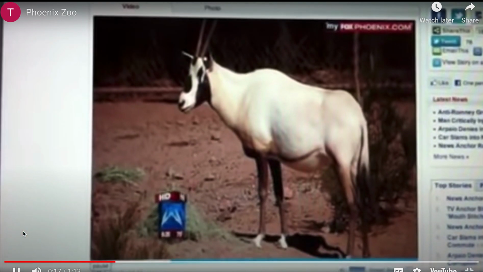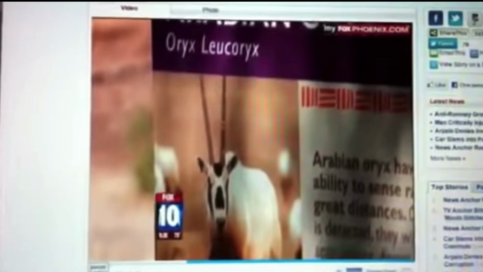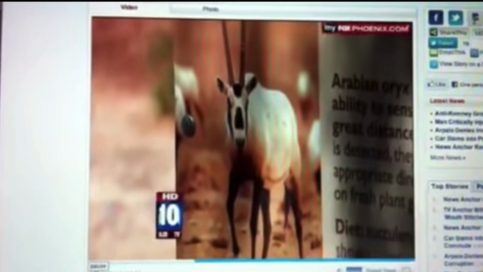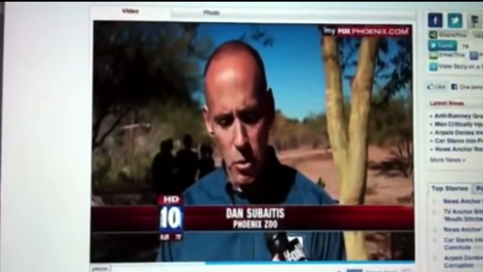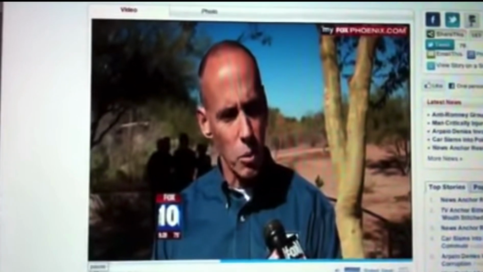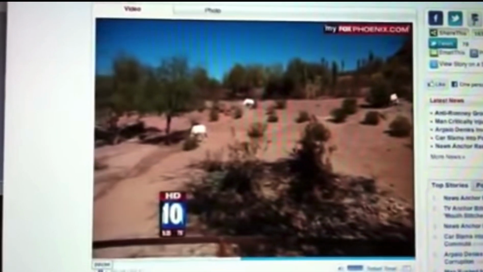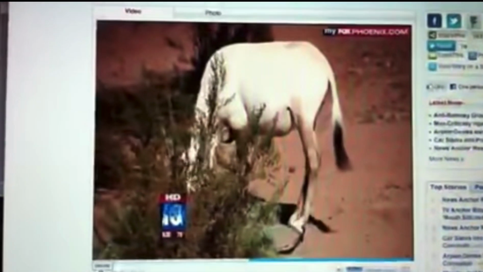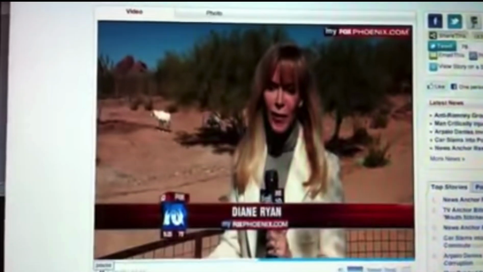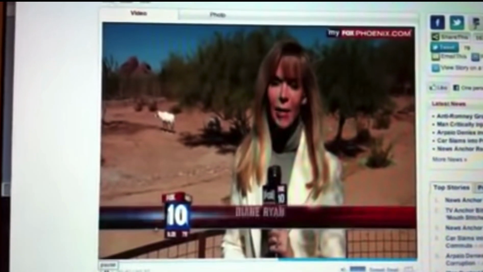Overhunting and a threatened habitat thinned the herds in the Middle East. So the Phoenix Zoo took 9 of the animals in to save them. We established the world herd here back in the early 60s, where most of the animals from the world were brought here. The climate and the terrain in the Sonoran Desert is very similar to the Arabian Peninsula, where they are from. The Arabian oryx has thrived here at the Phoenix Zoo. In the past 45 years, there have been 239 births.